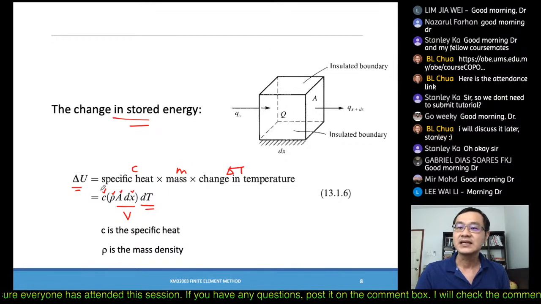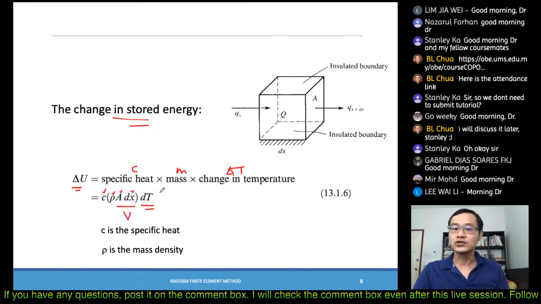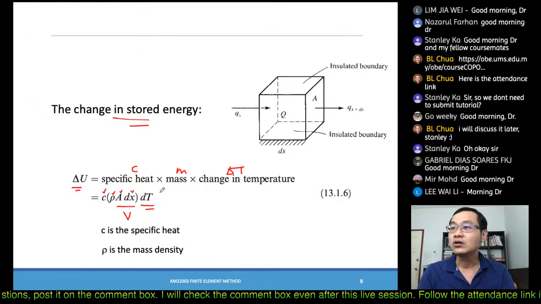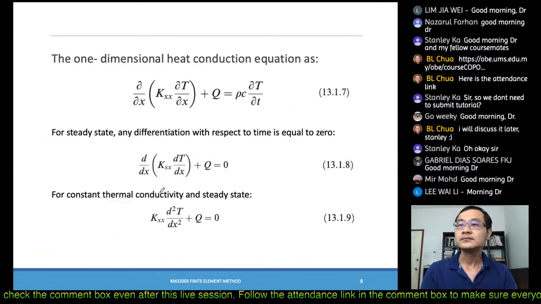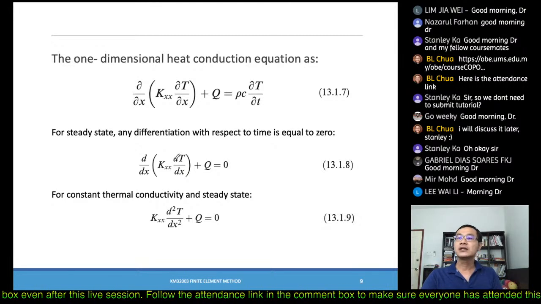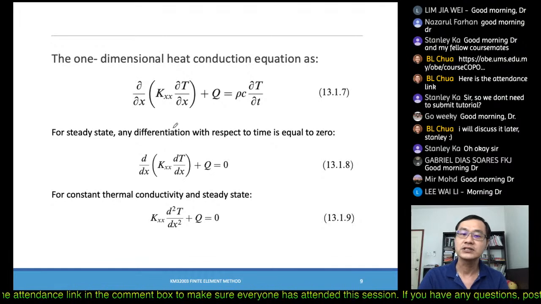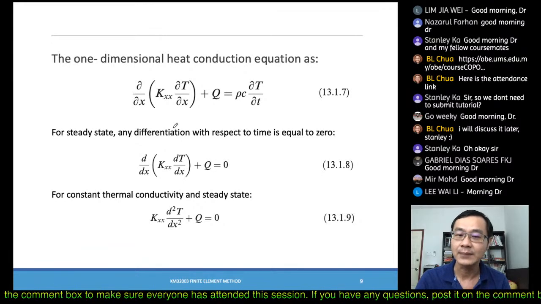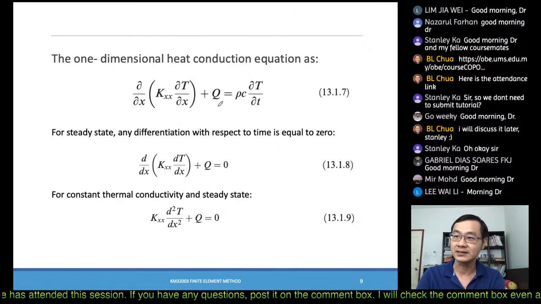So this would be mc delta T. It's the same equation because the law remains unchanged. So now we just apply it to our equations. Again, this is only the one-dimensional heat conduction equation. We just plug them in.